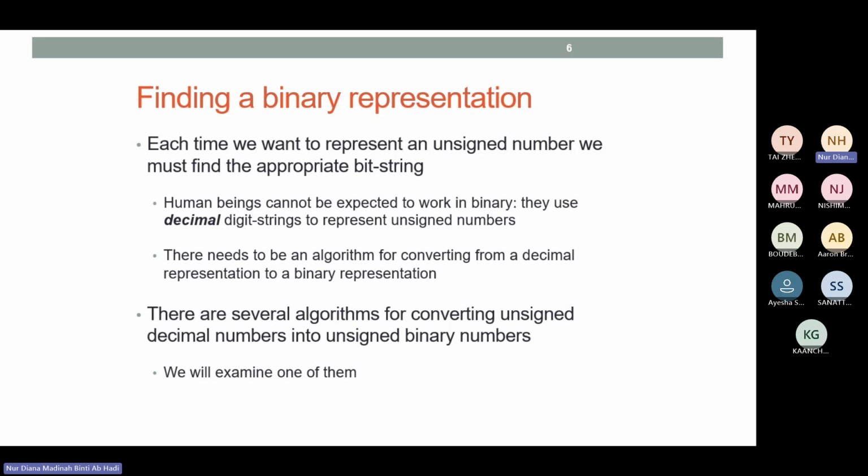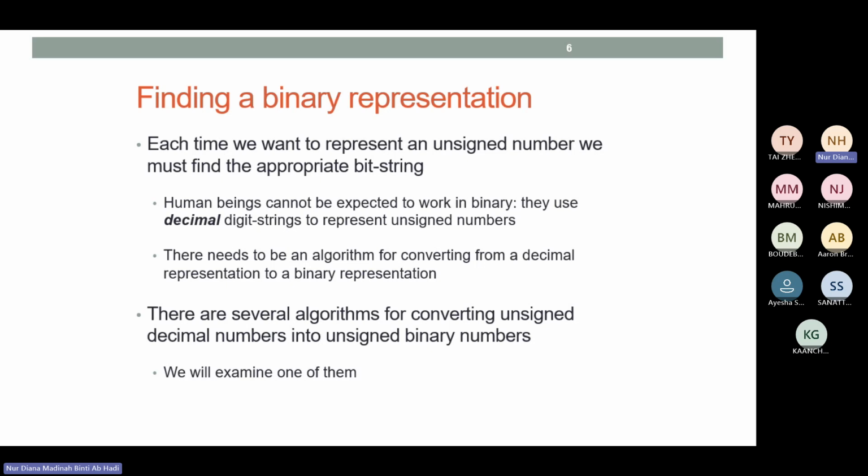Human beings cannot be expected to work with binary, because we only know that it is on and off, but we don't know what the on and off is for. So they use the decimal digit string to represent the unsigned number. But we still need an algorithm to convert decimal to binary, binary to decimal, and hexadecimal, and so on, the conversions.